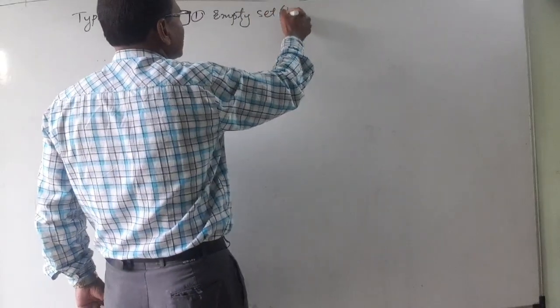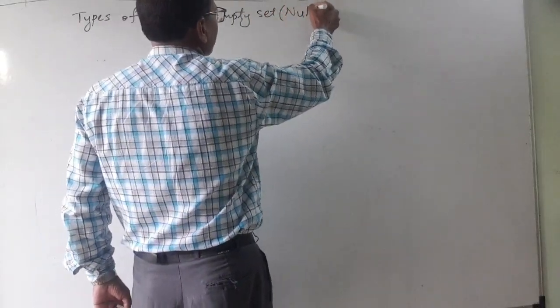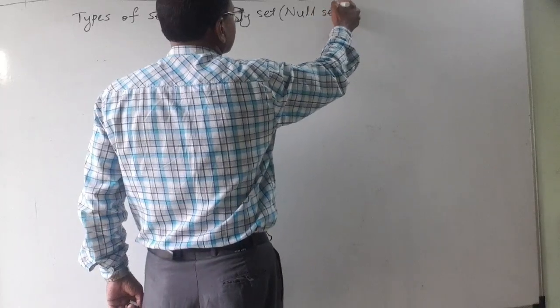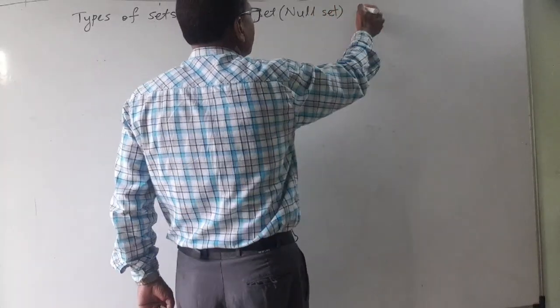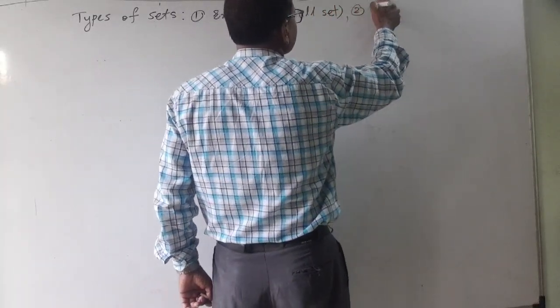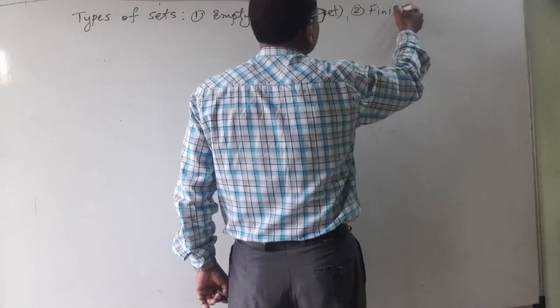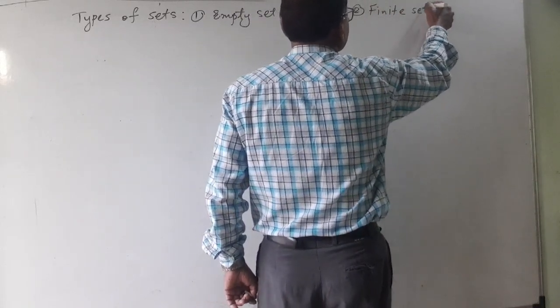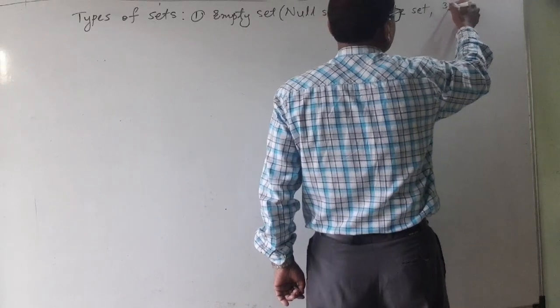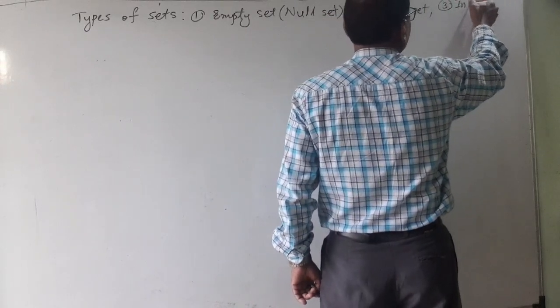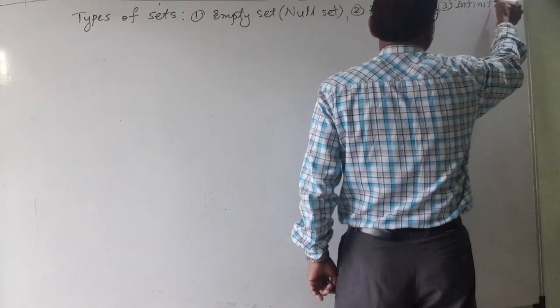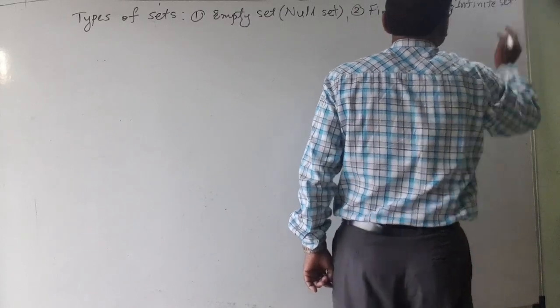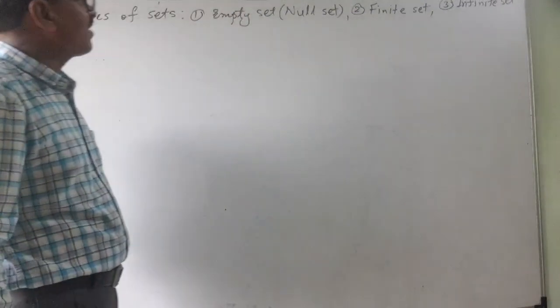It is also called a null set. Then finite set. And infinite set. This way we can define the sets.